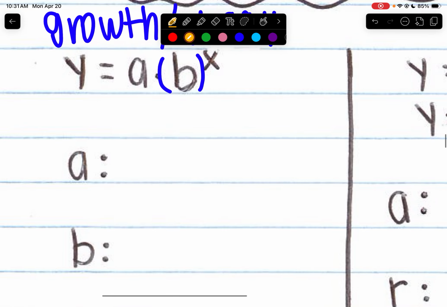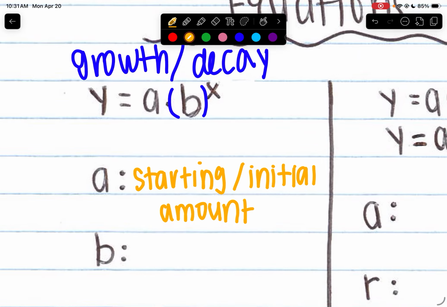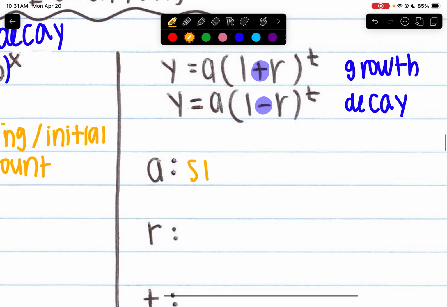As the front page said, A is going to be your starting or initial amount. And same thing right here, so I'll go ahead and put that down.